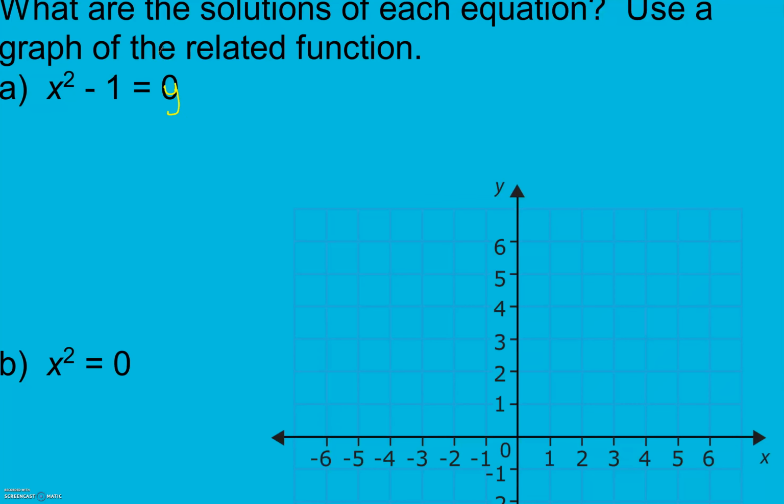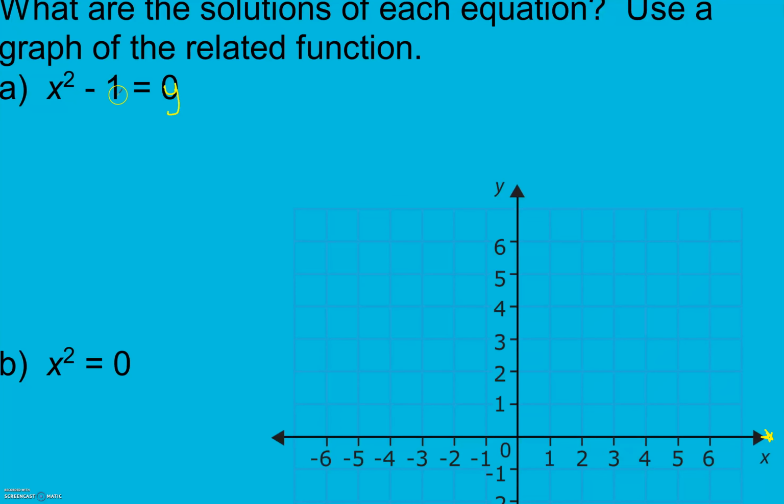We can only do that substitution when it's 0, guys. And that's going to give us our x-axis, and that's why it works. Because y equals x squared minus 1 is going to tell us what our x's are when y is 0.